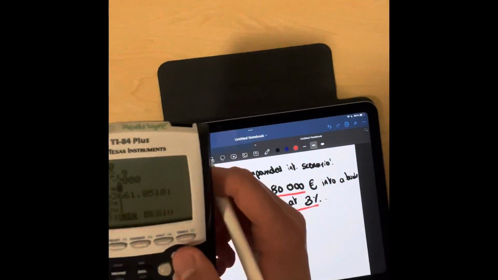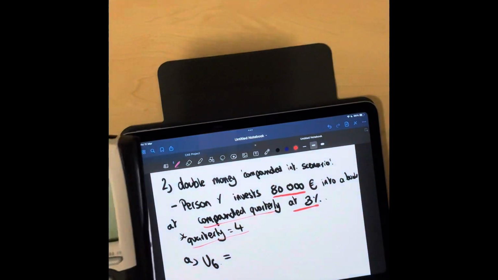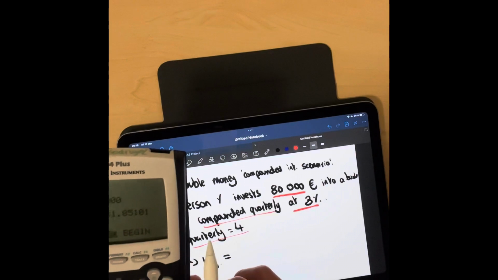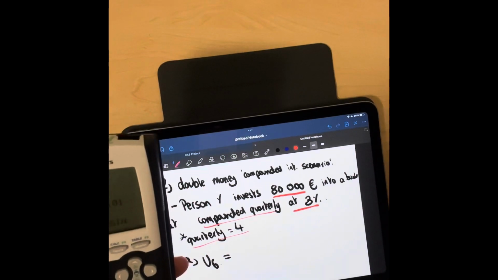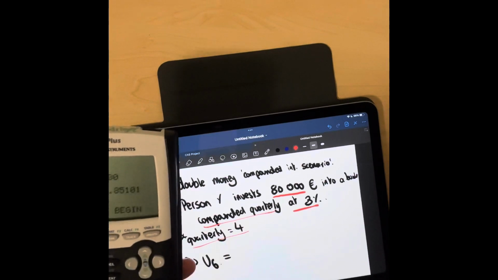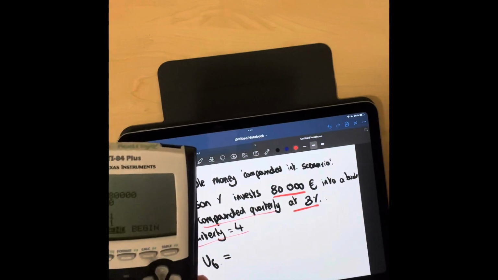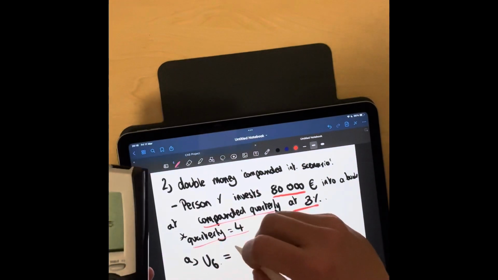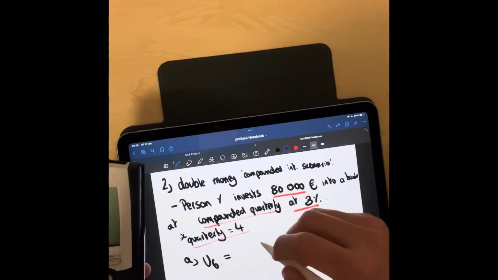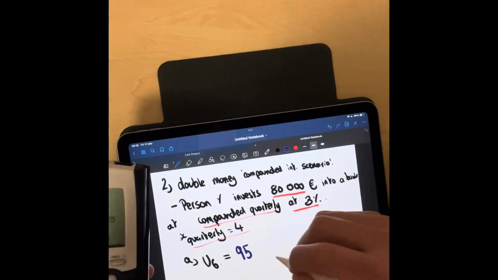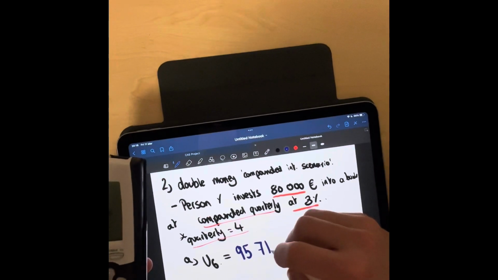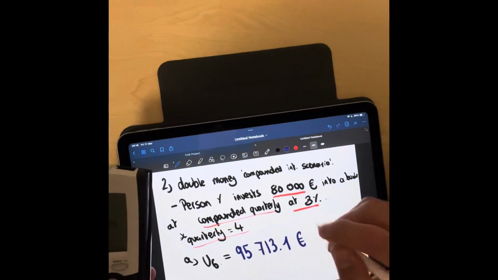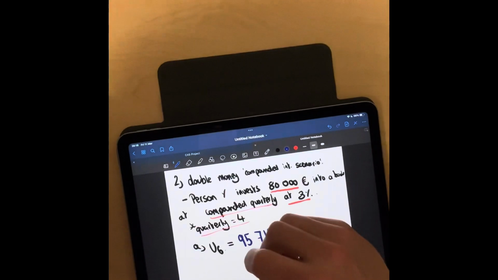N is 6 years, I is 3, PV is negative 80,000, remember the negative, and this we can leave on 0, and CY now we change and we put 4. So we go alpha solve, and we see that after 6 years the value has increased by almost 16,000 and is now worth 95,713.1 euros. So that's what he's got after 6 years.